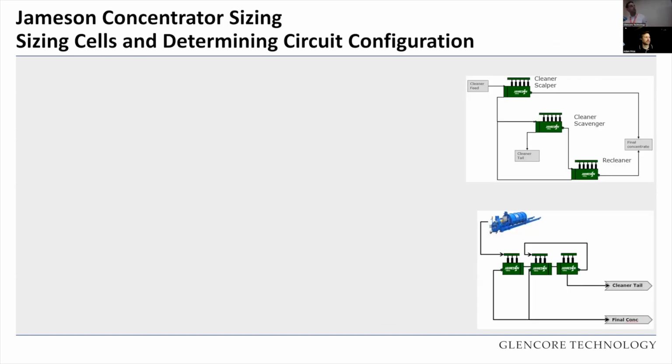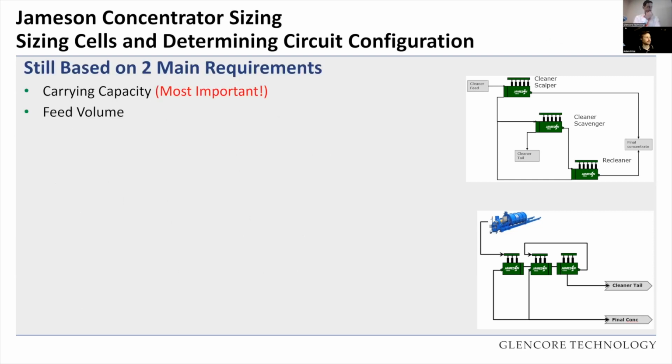So now just touching a little bit on the extra things we like to look at when we're talking about full circuits or Jameson concentrators, and how that differs slightly from just looking at individual cells. Essentially, it's still based on those two key criteria of carrying capacity and feed volume.